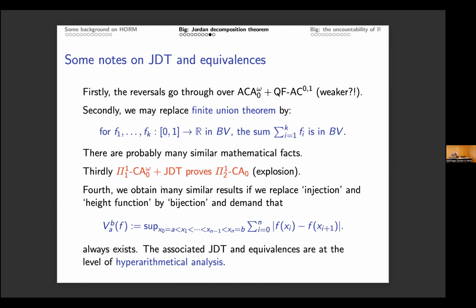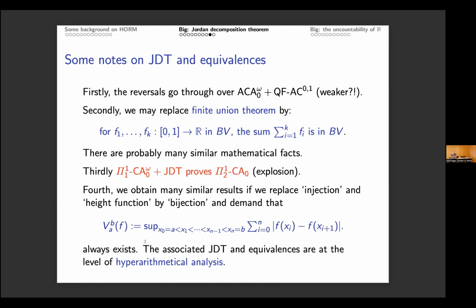Why is it interesting? I'm going to be as neutral here as I can be. The Jordan decomposition theorem can be formulated for functions for which this supremum exists, and it exists at the level of hyperarithmetical analysis.